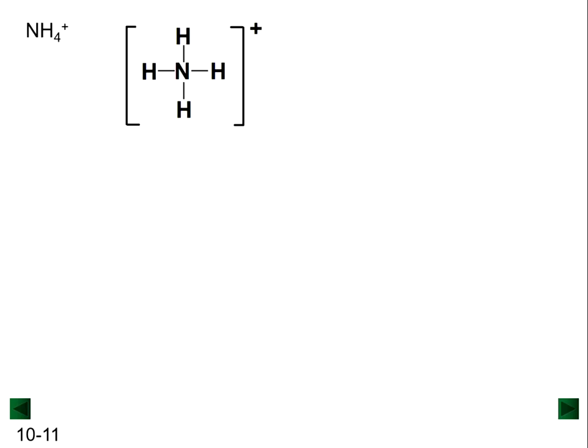Next up, we have the ammonium ion, NH4+. We can look at the shape about the central nitrogen atom. There are 4 electron groups around the central nitrogen atom, 1 for each nitrogen-hydrogen bond.